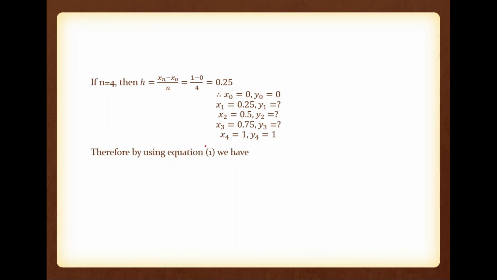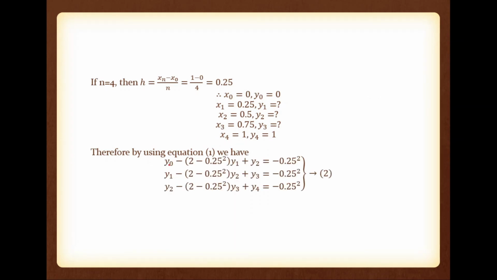By using equation 1, substituting i equal to 1, we have y0 minus (2 minus h square) y1 plus y2 equal to minus h square, that is minus 0.25 square.